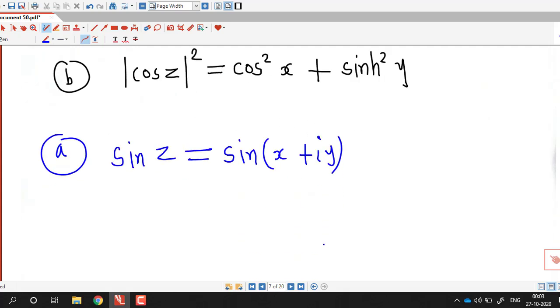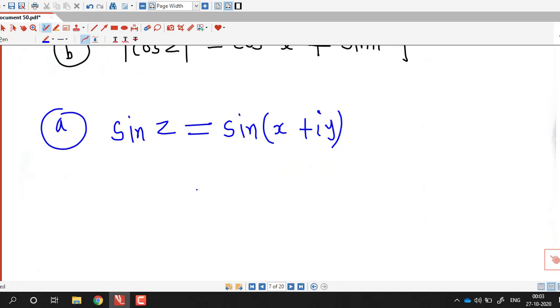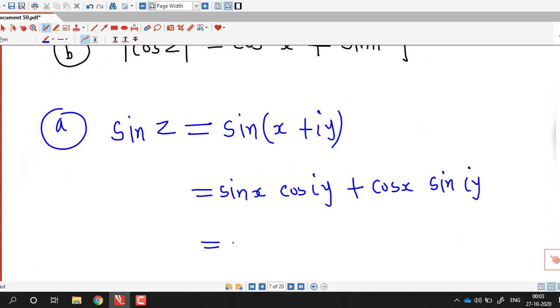Taking z equal to x plus iy, we obtain sin x cos iy plus cos x sin iy, and here cos iy is nothing but cosh y, and sin iy is i sinh y.